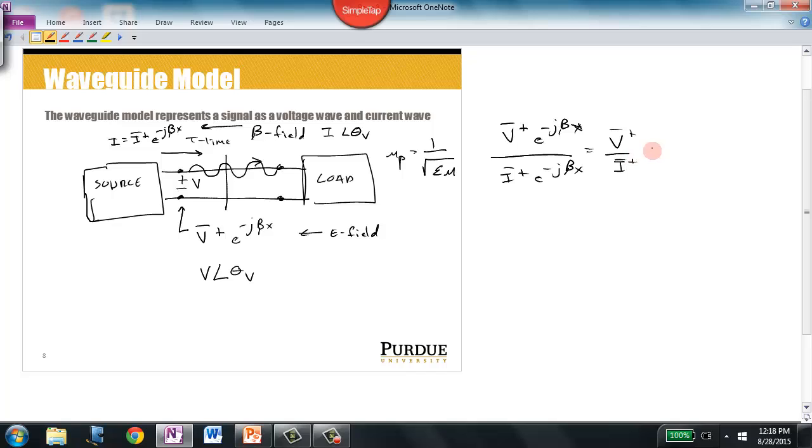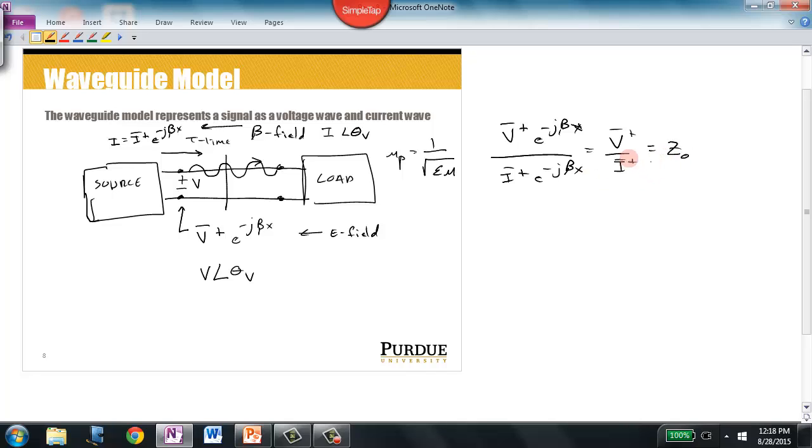The ratio of the voltage to current is called the characteristic impedance of the transmission line. We saw how to calculate characteristic impedance in a previous video, but now I'm really telling you what is characteristic impedance. Characteristic impedance is if I apply a voltage to a transmission line, how much current flows, and the ratio of voltage applied to current that is established is the characteristic impedance.